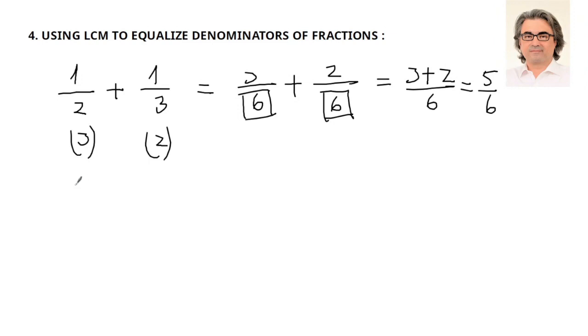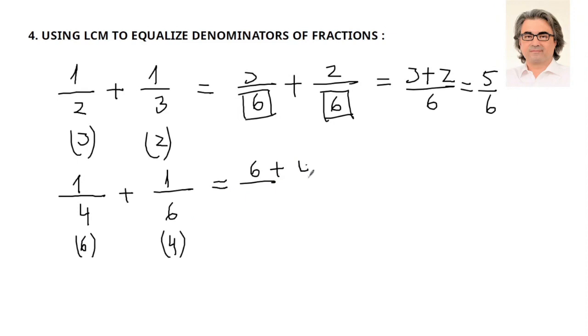What about the second sample? 1 over 4 plus 1 over 6. Now, will you multiply the first fraction with 6 and the second fraction with 4 again? Yes, of course, denominators will be equal to each other if you make this operation. Now let's make multiplication. 6 times 1 is 6, 6 times 4 is 24, 4 times 1 is 4, and 4 times 6 is 24.